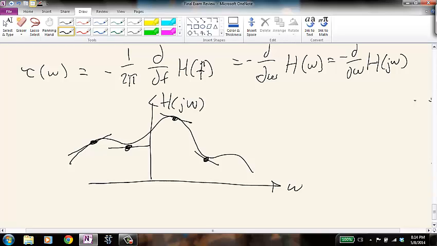That's why we're taking the derivative, as we're making an assumption that around that point it's a line. And the slope gives us our time delay. And the slope is, of course, just the derivative. So that's why we're taking the derivative to find the group delay.